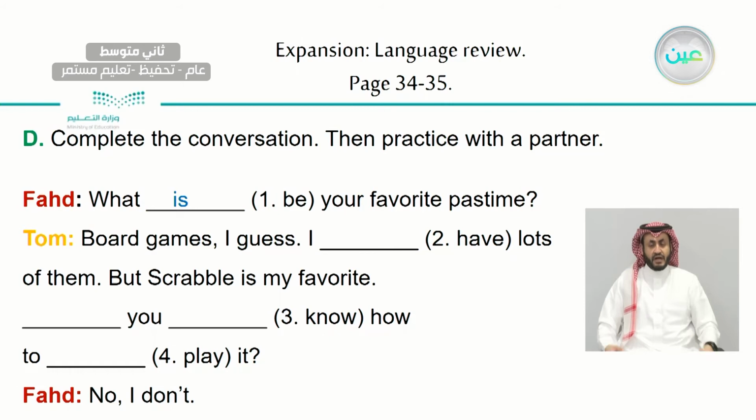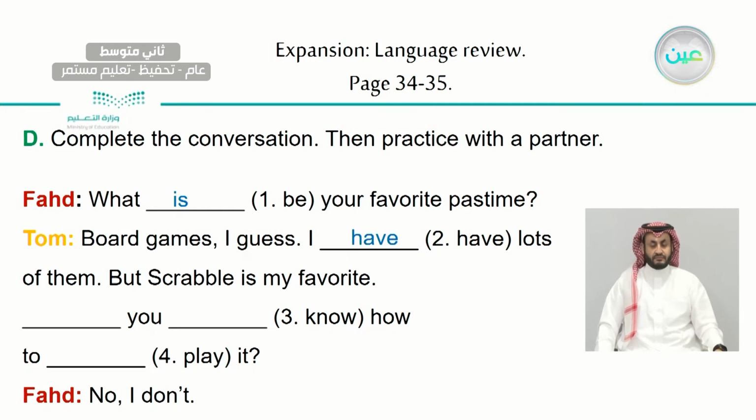I guess then we are going to use this word or something related to it. Lots of them, but Scrabble is my favorite. Scrabble is the name of a board game. So Tom is saying, board games. I guess I have lots of them, but Scrabble is my favorite.